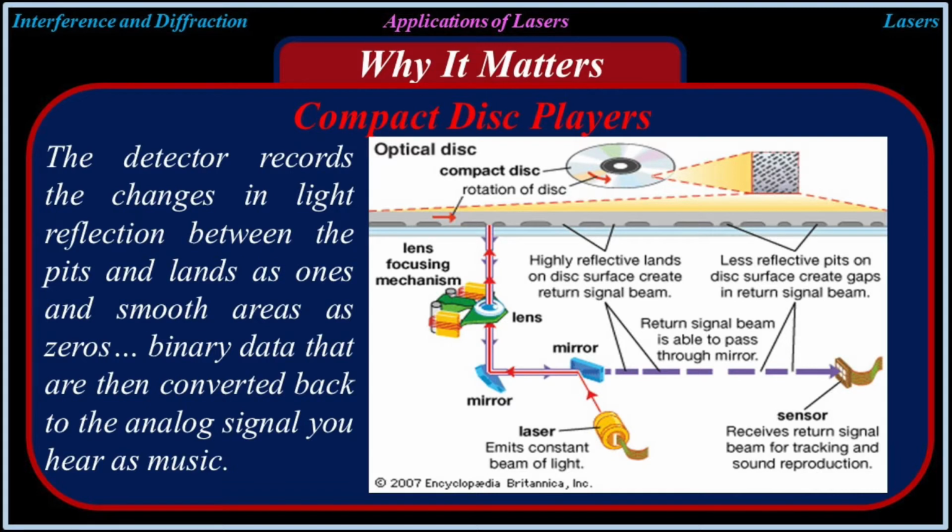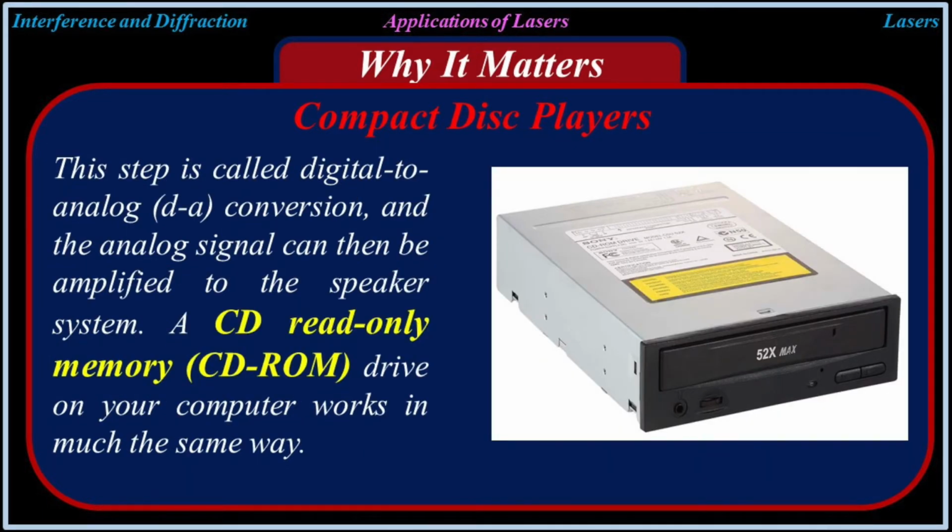The detector records the changes in light reflection between the pits and lands as ones and smooth areas as zeros. Binary data that are then converted back to the analog signal you hear as music. Again, study the diagrams. This step is called digital to analog, D to A, conversion, and the analog signal can then be amplified to the speaker system.